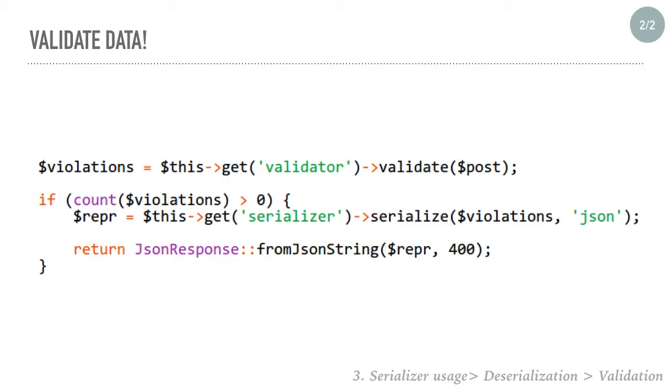And if you have violations, so let's say errors according to the data that was sent by your user, you just have to, again, serialize all the information coming from the validator and send it to your user. So again, you just have to call serialize method with the object and the format you want at the end. And just don't forget to send the response. And this is basically how you can manage the validation of your data when you do deserialization. Okay?